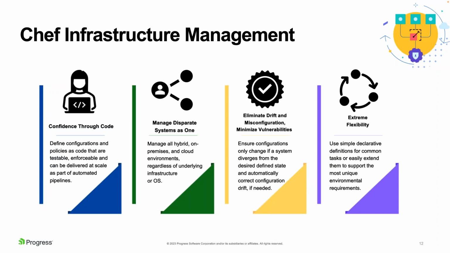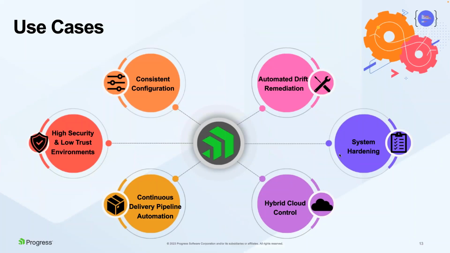Eliminate drift and misconfiguration and therefore minimize vulnerabilities. A really great byproduct of using Chef is that configuration drifts are automatically identified and remediated when we implement Chef's infrastructure automation capabilities. And finally, extreme flexibility. This just goes on to say that Chef can fit into any part of your software development lifecycle.